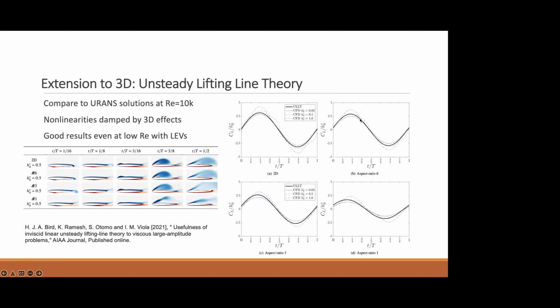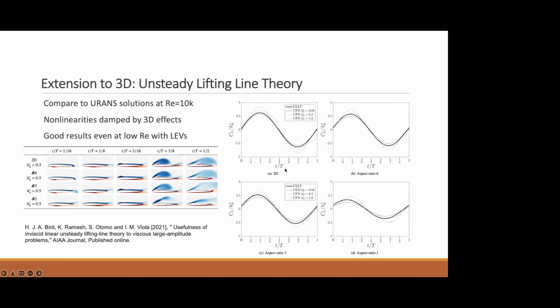But as the aspect ratio decreases, the nonlinearities or the leading edge vortex effects are damped by 3D effects. So we don't see too much of a difference between the 3 CFD results for the smaller aspect ratios. And we see that unsteady lifting line theory does a pretty good job of approximating the lift coefficient, even for cases where we have this complex nonlinearity and leading edge vortex shedding.